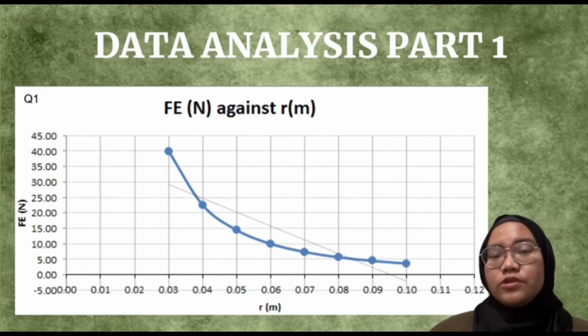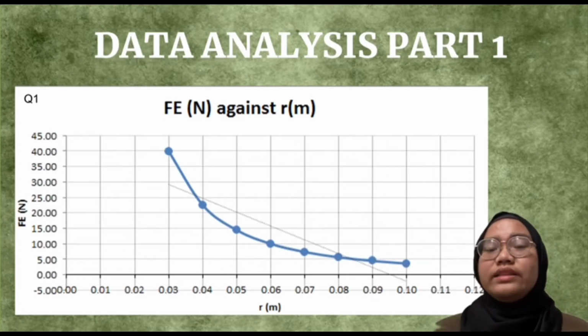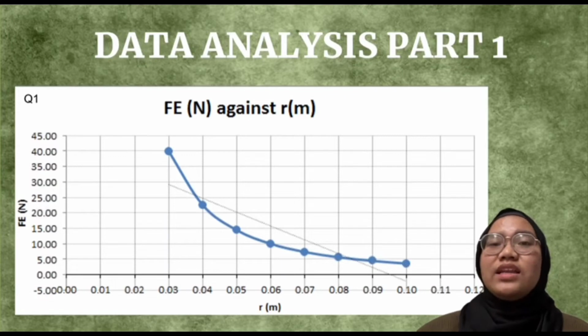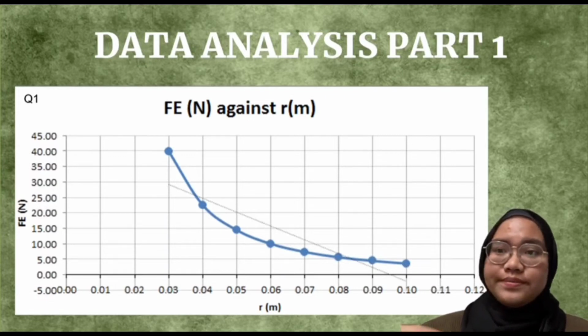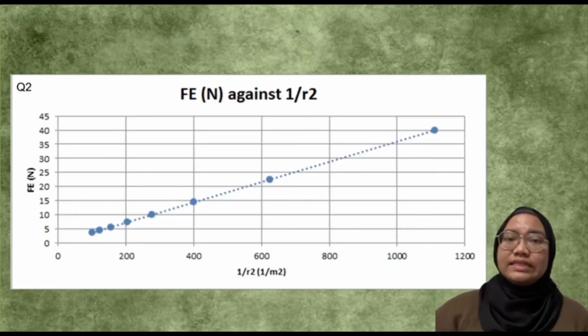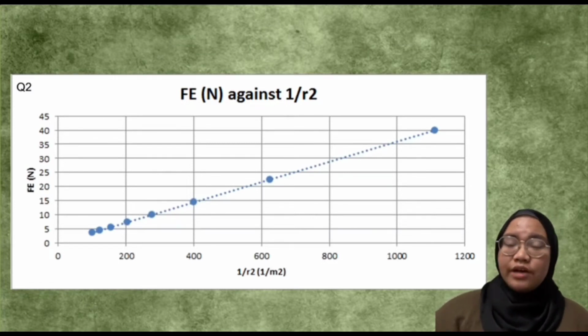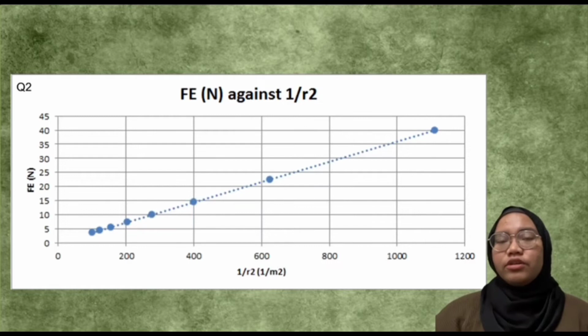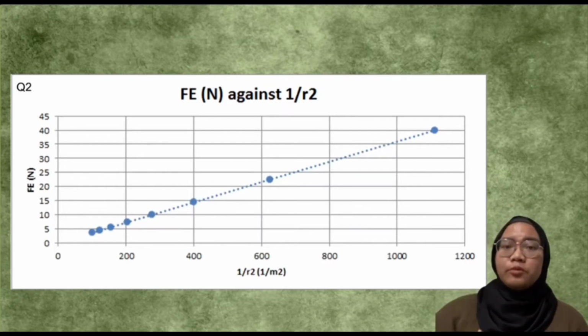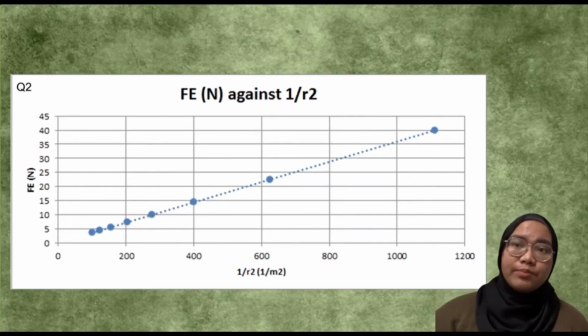The graph continues to decrease until the end of R at 0.10 meter, and it is an inversely proportional graph. Next, we plot a graph between the electrostatic force F and 1 over r squared. We obtained a directly proportional graph from the data we recorded previously.